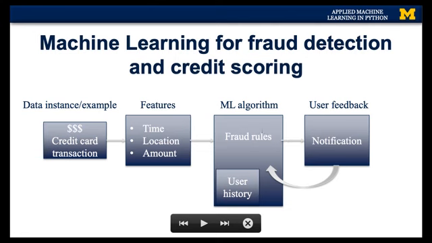So the machine learning algorithm is able to make some rules, and these rules give some notification, like whenever there is a fraud on the credit card, the user is informed, the user is given a notification that an unknown or an unusual transaction happened on your credit card.